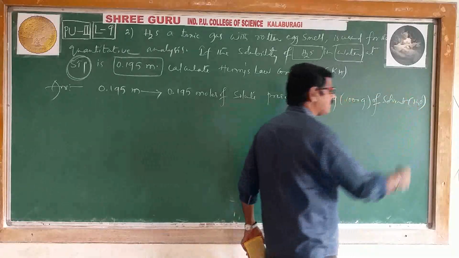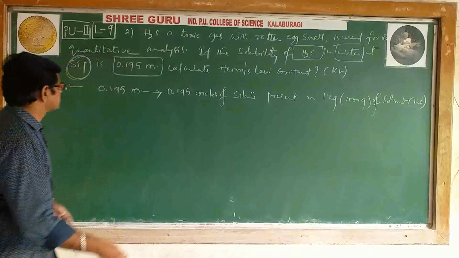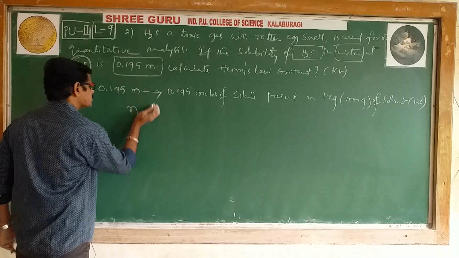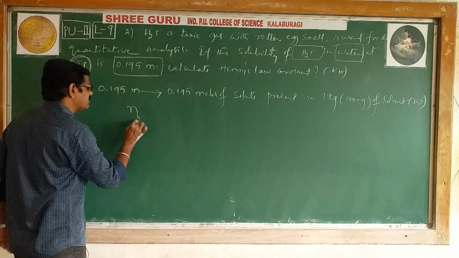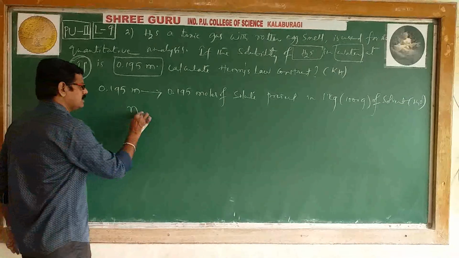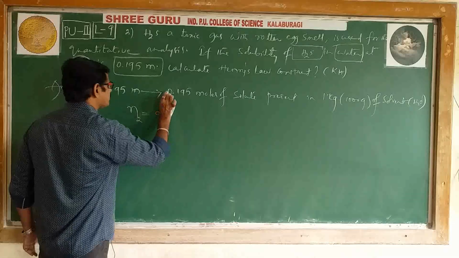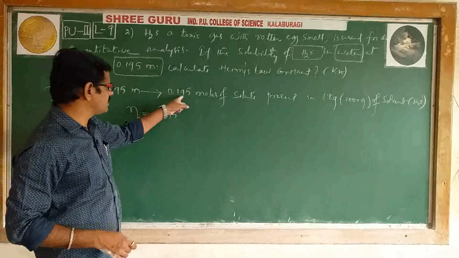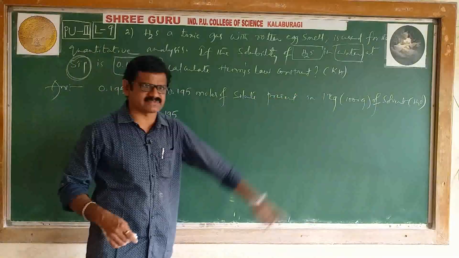Who is the solvent? Water. Yes or no? Therefore, the number of moles of solute, we can indicate with the symbol 2, doesn't matter, is equal to 0.195. This many moles of solute are present in 1 kg of solvent.